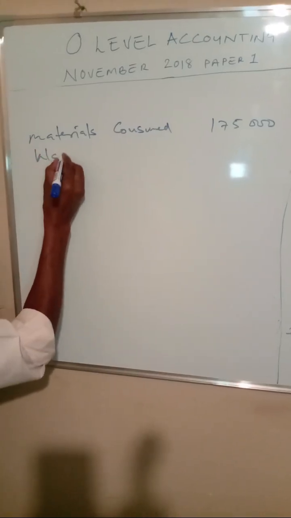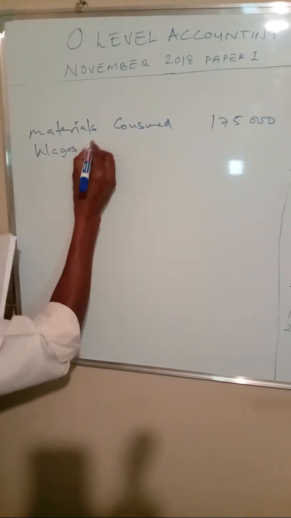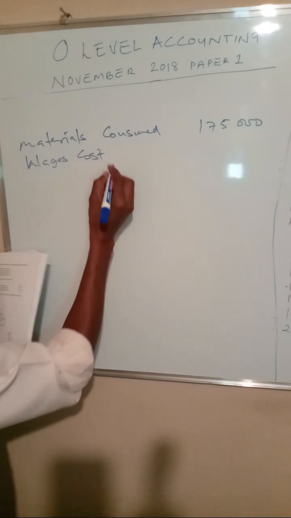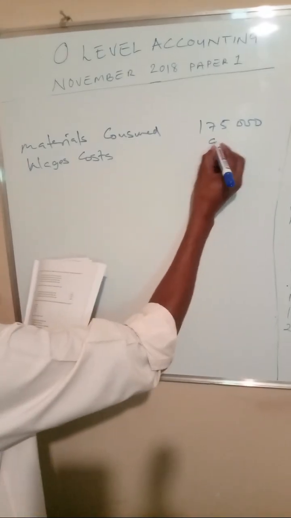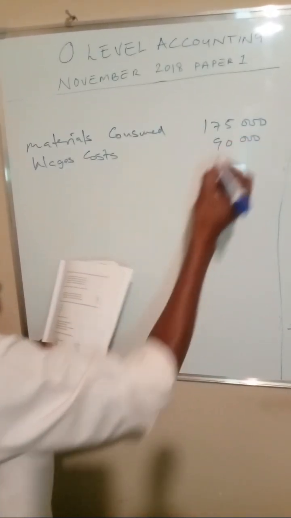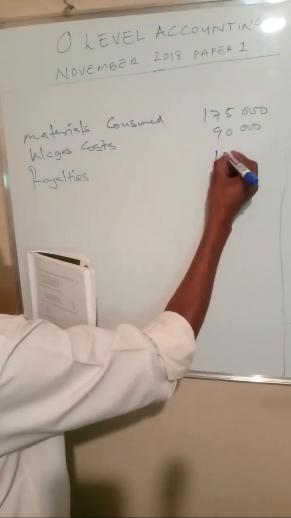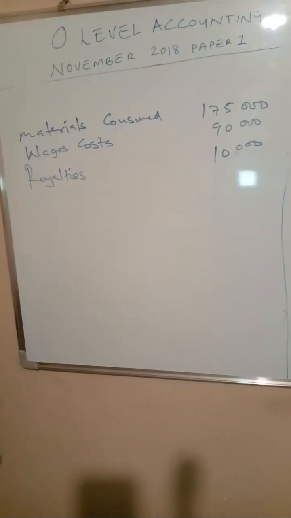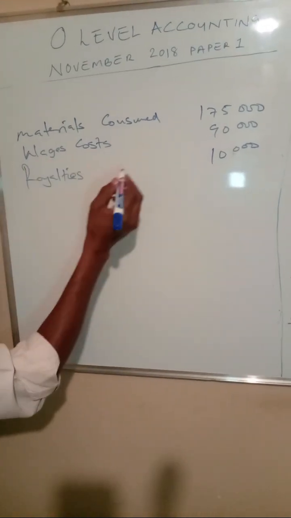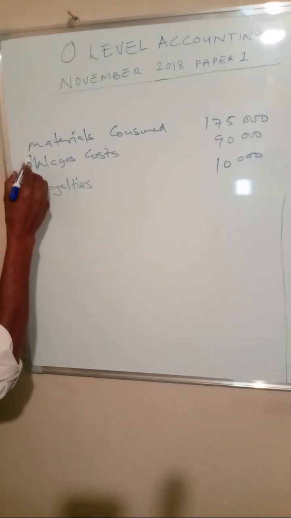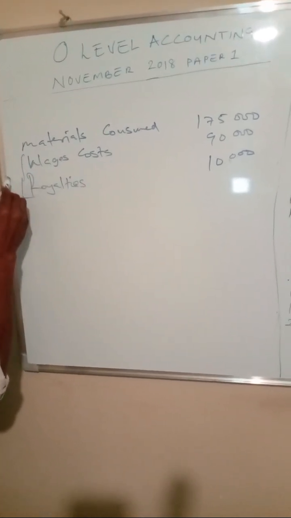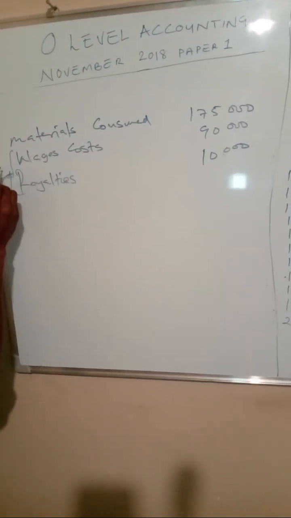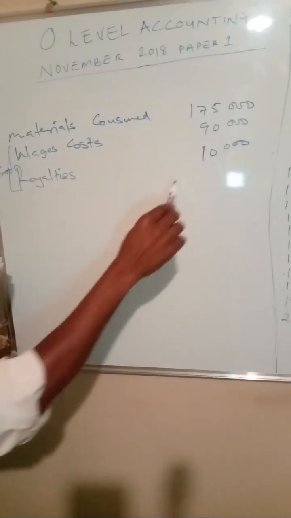Wages is the direct cost. They are 90,000, 10,000. Remember, prime cost is cost of raw materials consumed plus direct expenses. These are direct expenses. This one is cost of raw materials consumed, 5,000, which is on option B.